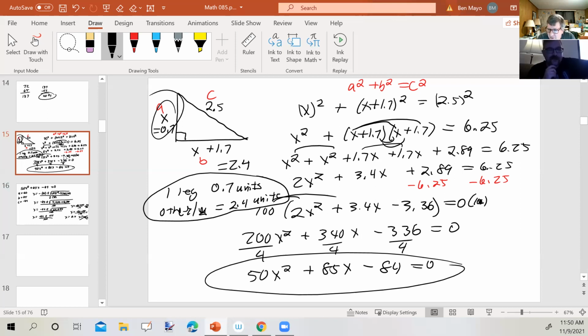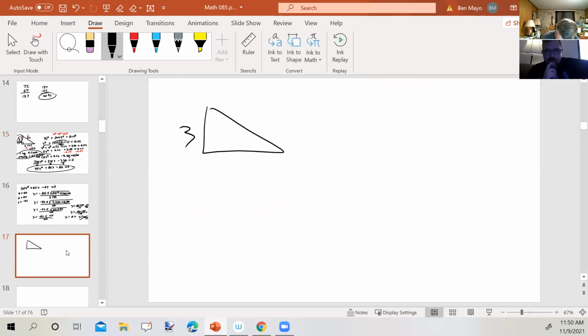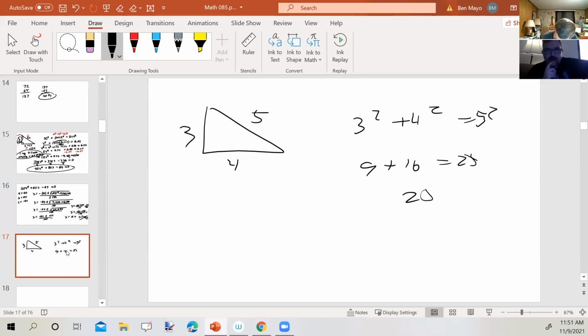And there are some very common ones, like a 3, 4, 5 right triangle, because 3 squared plus 4 squared equals 5 squared, 9 plus 16 equals 25. So there are some common, what are known as Pythagorean triples, 3, 4, 5. But if it's not a common one, it would be hard to get it exact.